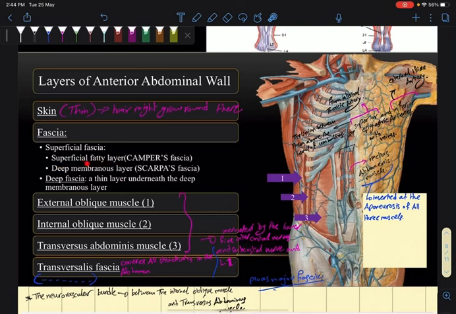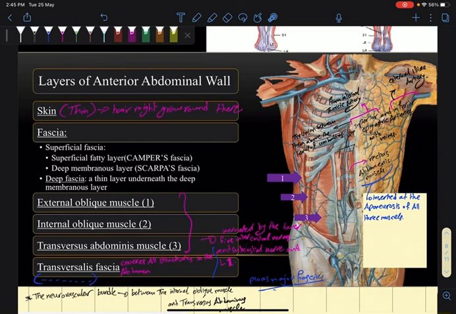This is the superficial fatty layer of the superficial fascia of the anterior abdominal wall, and this is the deep membranous layer of the superficial fascia of the anterior abdominal wall. The superficial fatty layer we call Camper's fascia, and the deep membranous layer of the superficial fascia we call Scarpa's fascia. And these names are very important to know.